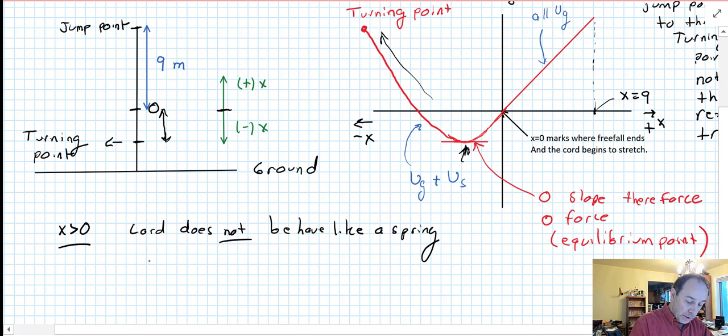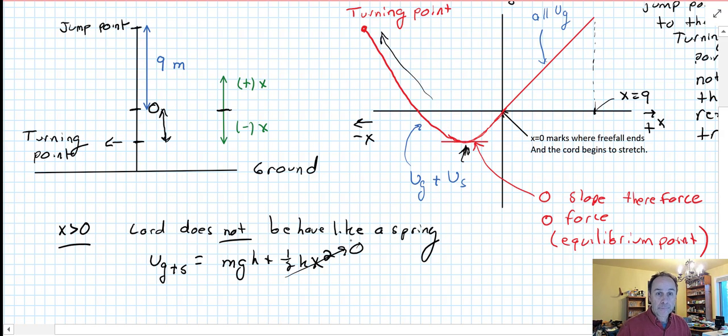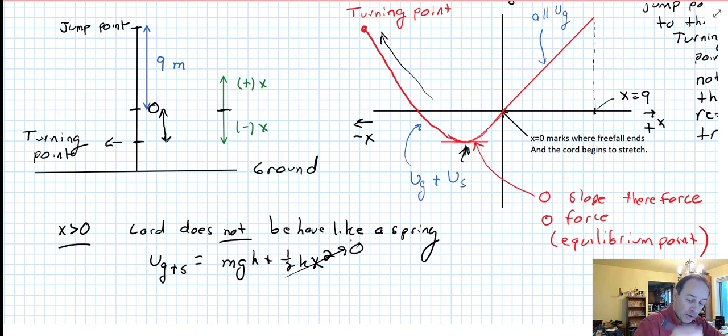So the total potential energy, because that's what we're graphing, let's just do it for completeness' sake, is going to be mgh plus the potential energy due to the spring, which is 1/2 k x squared, but that's going to be 0, because the cord is not stretched yet. X is 0. So U is just mgh.